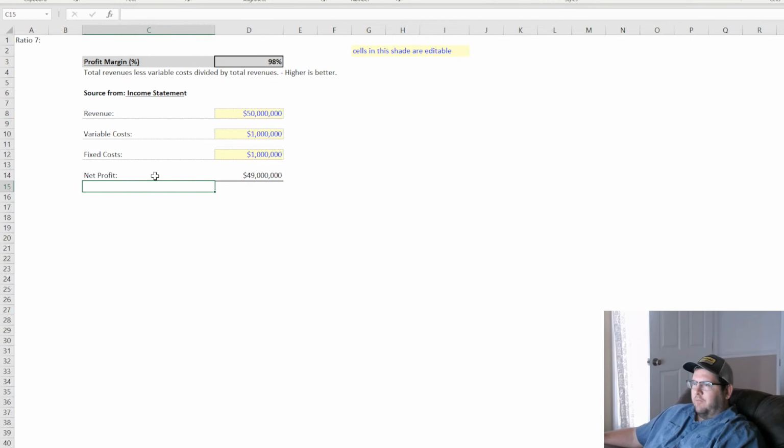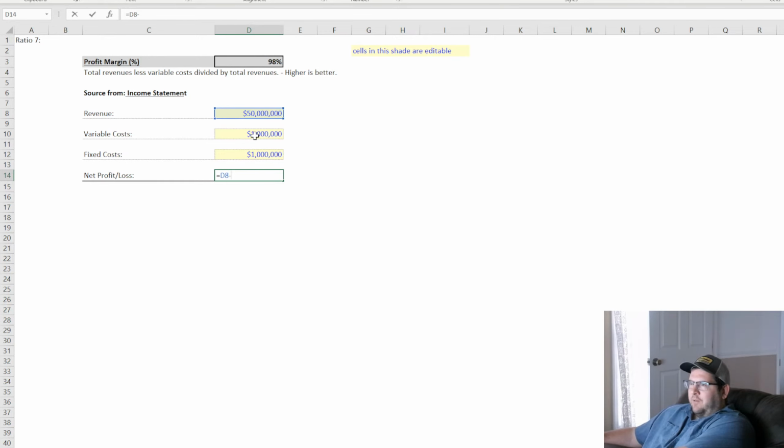You may also have taxes in here, everything that goes into net income. So revenue minus this, and then the ratio is just total here divided by revenue. You know, let's make this reasonable. Let's say revenues are 3 million. This is 2 million.